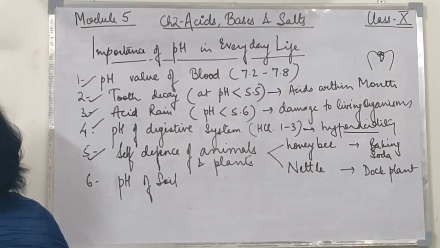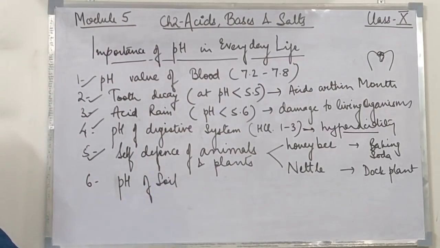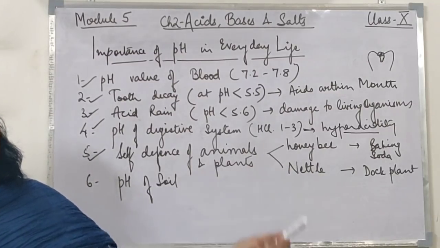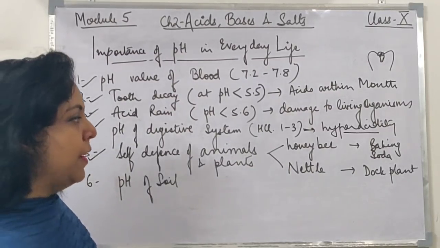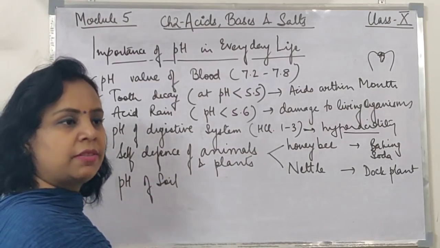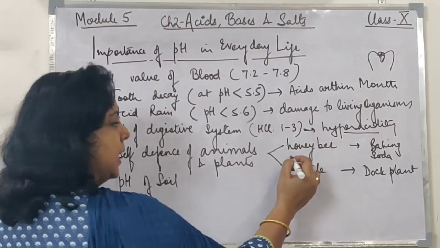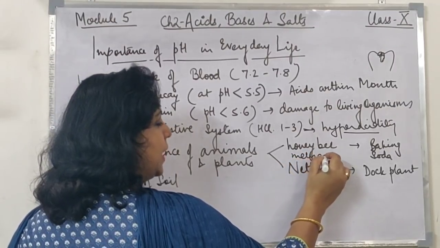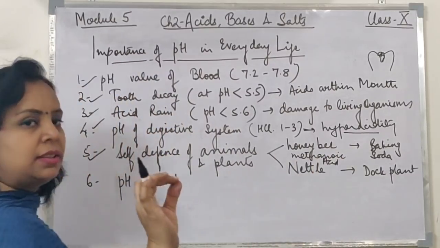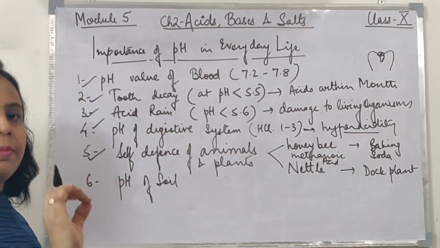Now there is a system of self-defense in some animals and plants. Nature has devised a way for the protection of small plants and animals. If you talk about honeybees, or for that matter ants, when an ant bites, you must have experienced it, it releases methanoic acid, or we can also say formic acid, and it causes an itching or burning sensation.